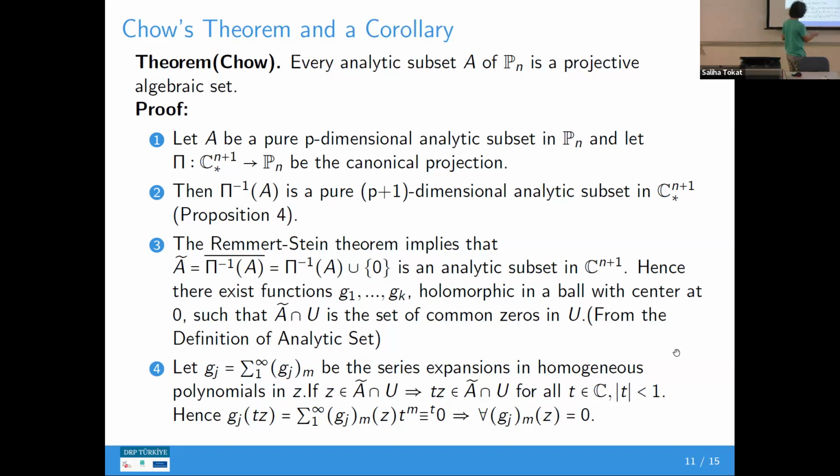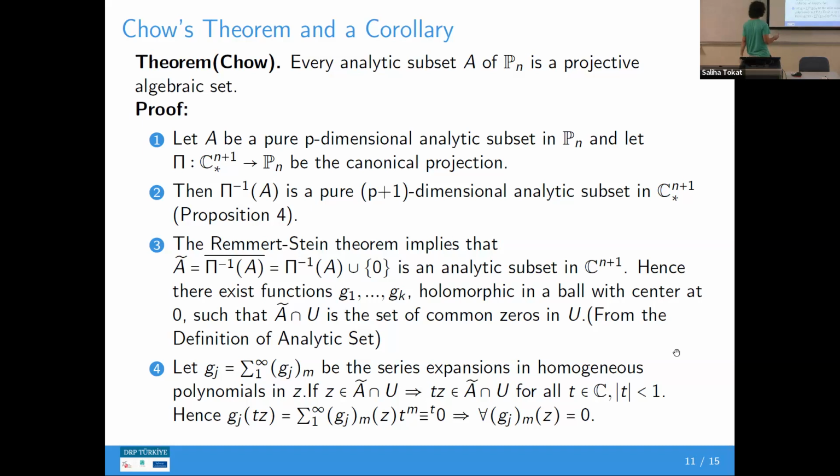Because we want to use this Taylor series representation for tz. Then if it is identically 0, this means it is 0 for all t's, which implies that the coefficients are 0. We want to show the converse, and we are trying to replace these g_j's by homogeneous polynomials, these coefficients.